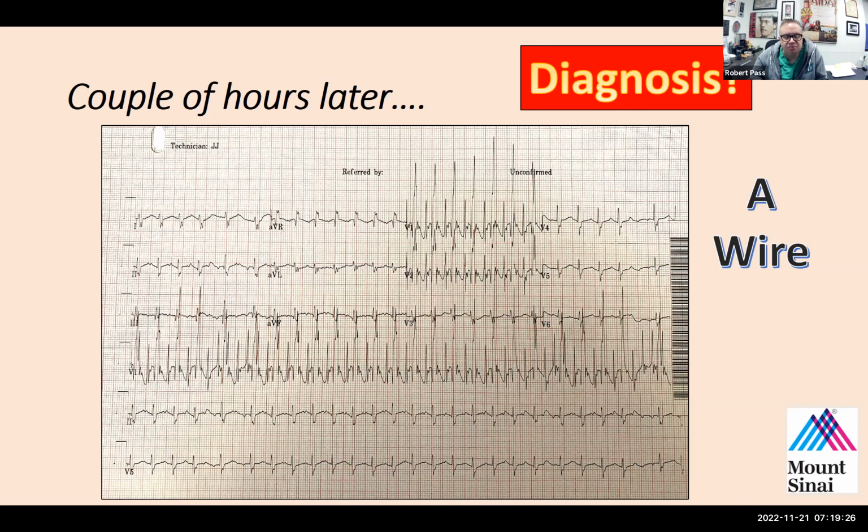And how fast would you pace the atrium to terminate this? If we're saying it's 150, if it was 2 to 1, then it would be just over 300. If it was 3 to 1, then it would be something above 450.